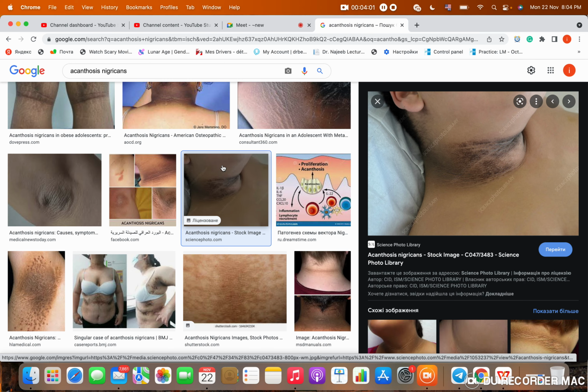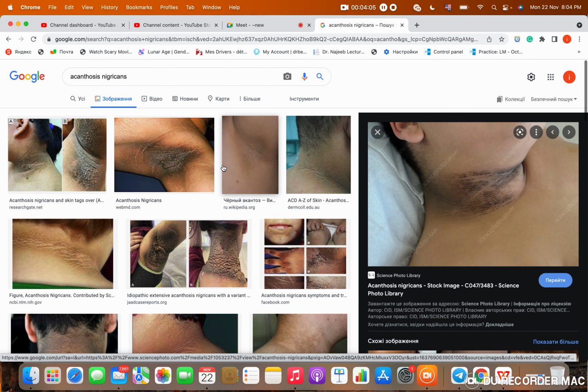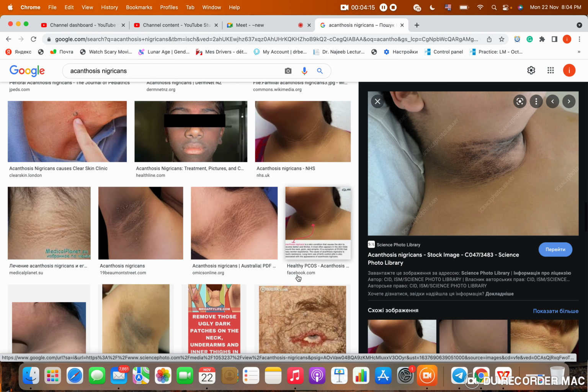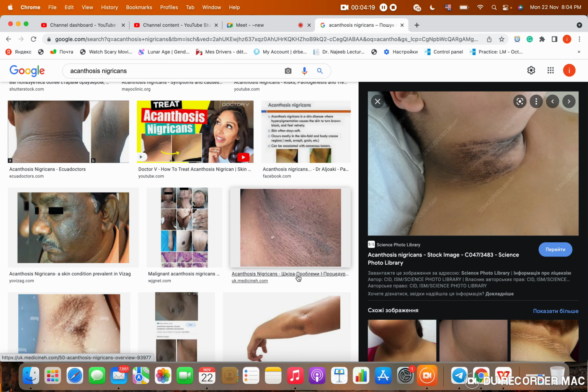So here is the thing, and actually in polycystic ovarian syndrome, the cause of the acanthosis nigricans is the insulin resistance. So it's due to insulin resistance. You are like, okay, since you are telling me it can be due to tumors and also it can be due to diabetes, how can I differentiate between the two?